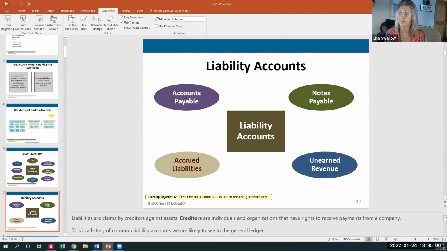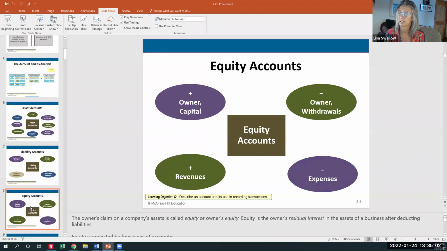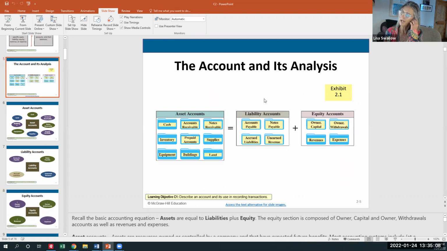And again, these are different every company, right? And all your equity accounts.